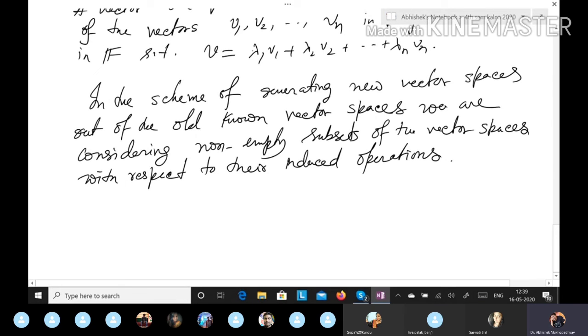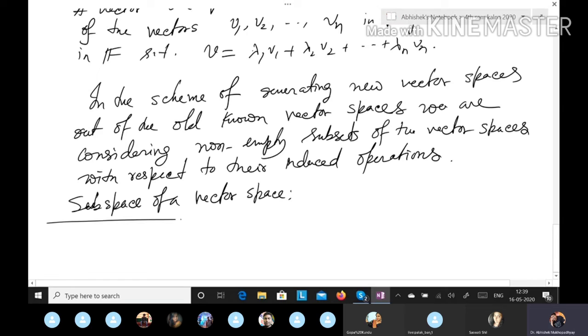So we shall consider these operations and impose them on the non-empty subsets. And a subspace of a vector space can be defined as follows.